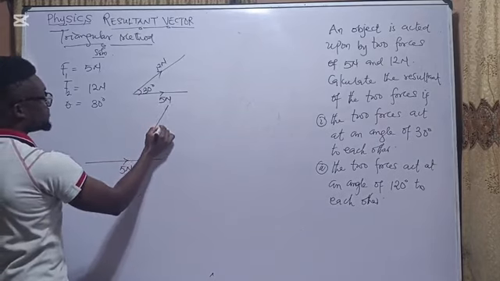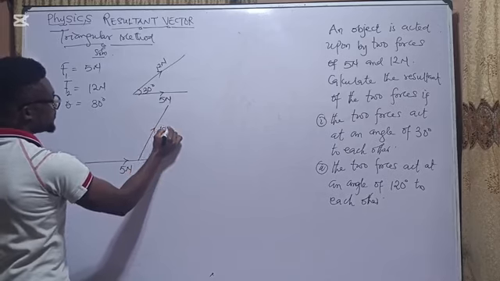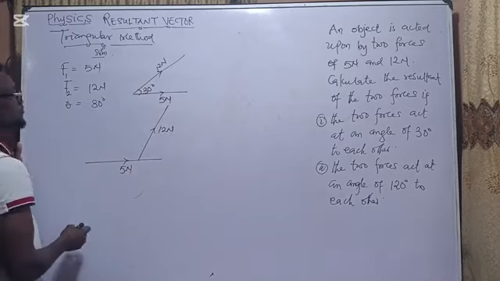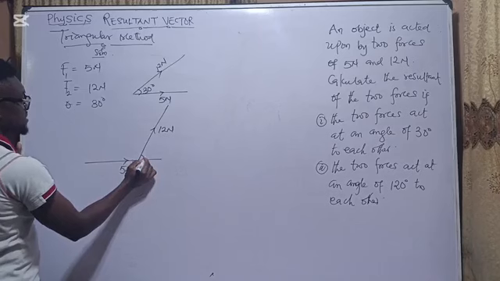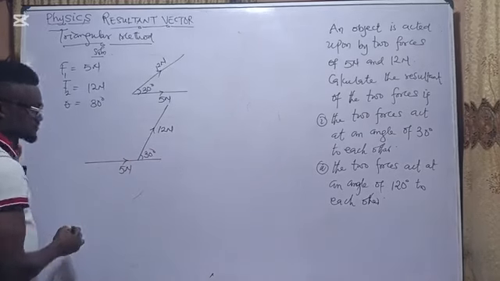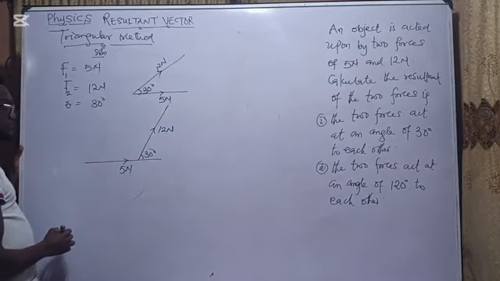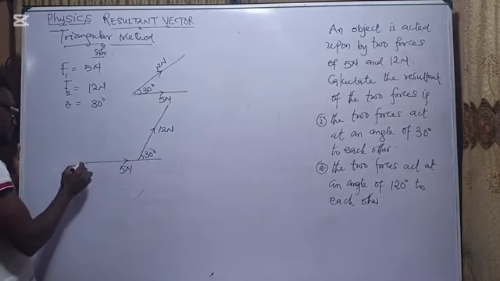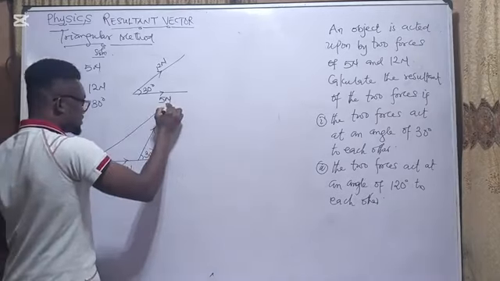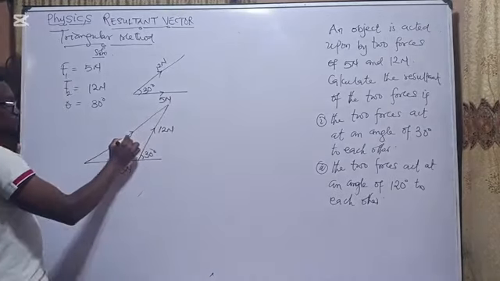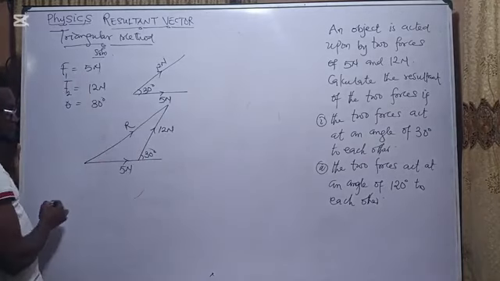Then the angle between the 12 Newton and the 5 Newton, look, the angle here is 30 degrees. Okay? So in order to get the resultant, I have to start from the beginning here. So in that case, what's the resultant force?